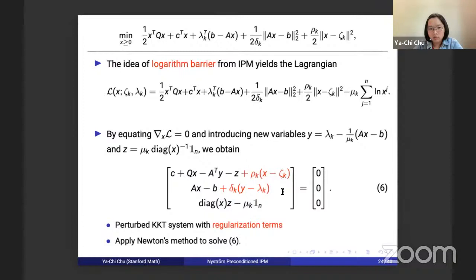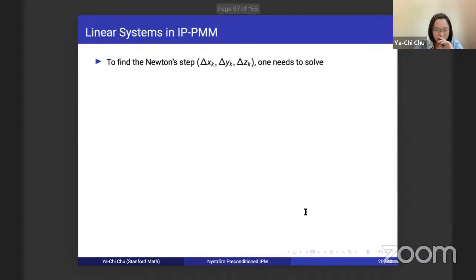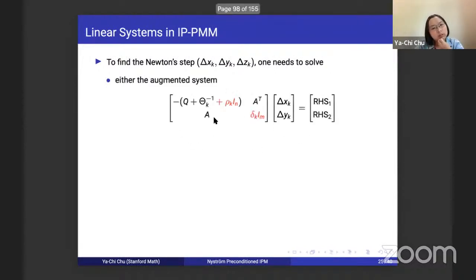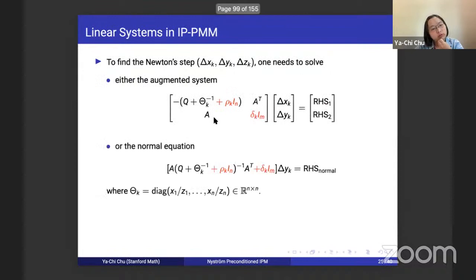To solve this slightly nonlinear system because of this term, using the IPM idea, we just apply Newton method. After some standard derivation, the Newton step can be obtained by either solving the augmented system like this or the normal equation like this. So this is quite standard.